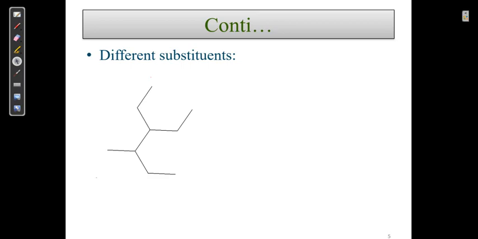Suppose A, B, C and D. A to C, A to B, A to D. How many carbons are there? A to C, 1, 2, 3, 4, 5 and 6. A to B, 1, 2, 3, 4, 5, no consideration. A to D, 1, 2, 3, 4, 5, not considered. B to C, 1, 2, 3, 4, 5, 6, that is also considered. So 6 carbon is the maximum.